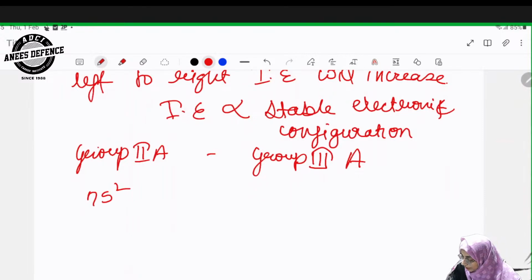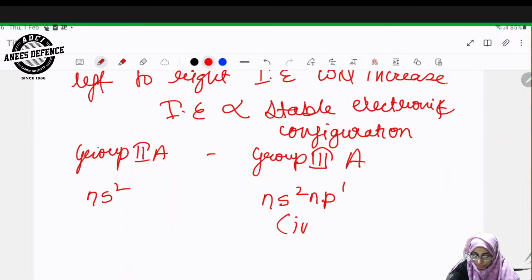And group third A means it becomes a p block element, so ns2 np1. This is the more stable configuration, and the other is the less stable configuration, because the np1 orbital is incomplete.